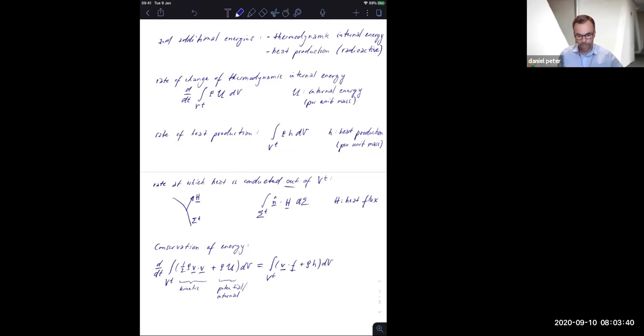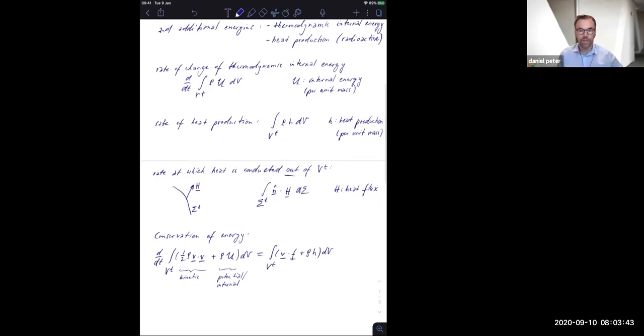And now we have the surface integral added, plus the surface integral.